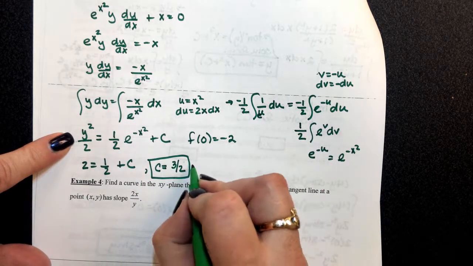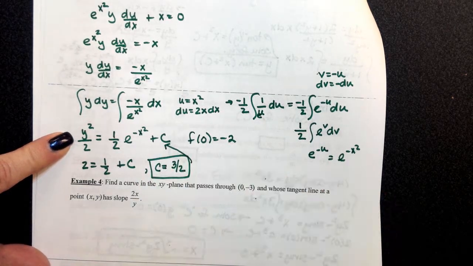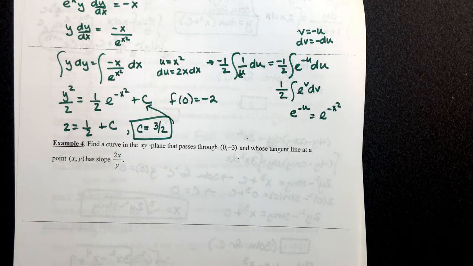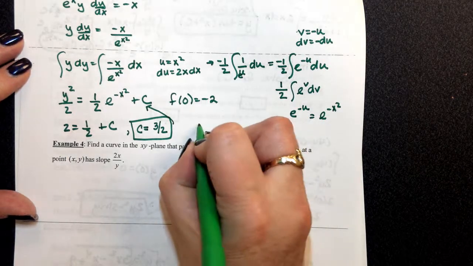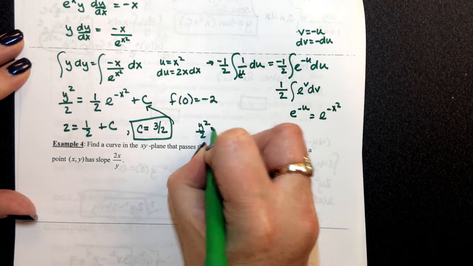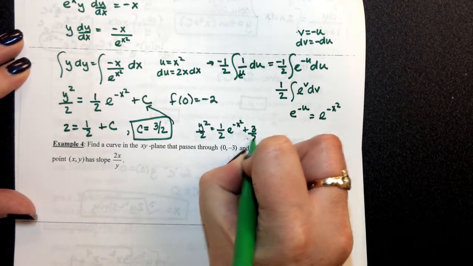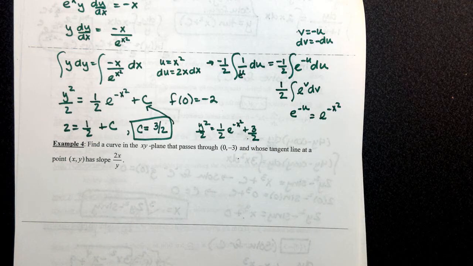So now I can plug c back into my general solution. So y squared over 2 is equal to 1/2 e to the negative x squared plus 3/2. Now I have to start solving for y. What's going to be your first step to start solving this equation for y?